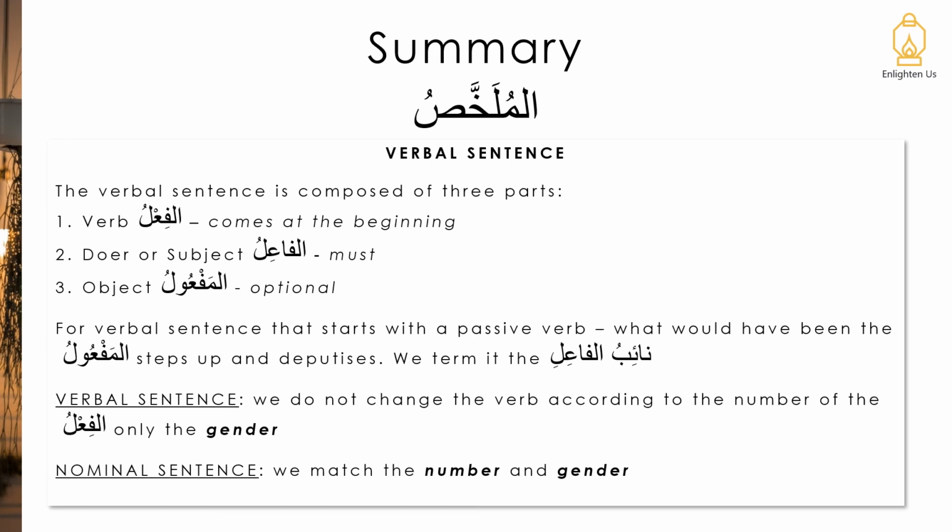And lastly, we had a comparison of the verbal and nominal sentences, and we talked about how in the verbal, the verb, the fi'l, and its fa'il will match on gender, but not on number. We always start with the singular verb. Nominal sentences, your mubtada and your khabar must match in number and in gender.